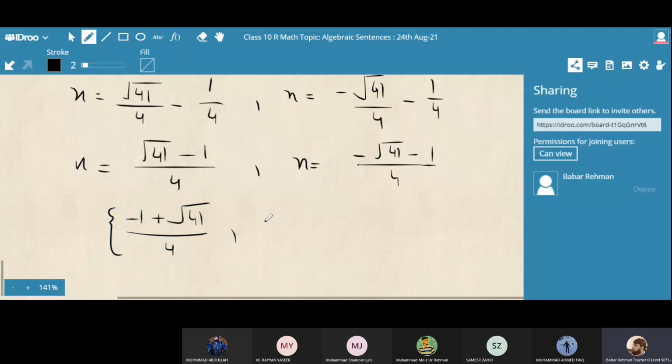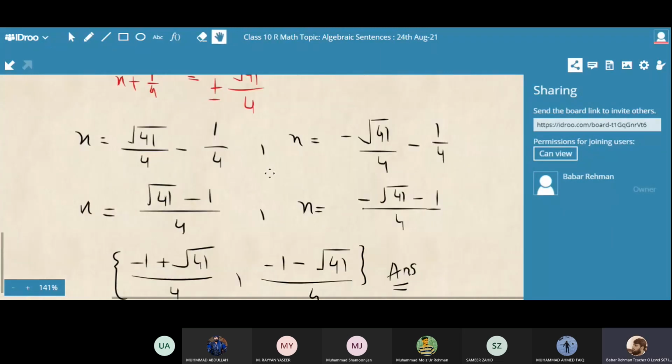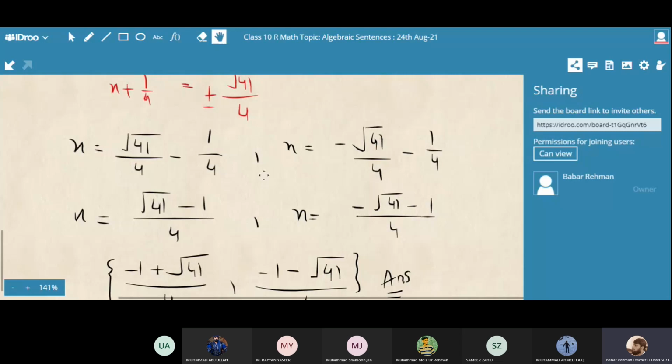Minus 1 minus root 41 upon 4. So this is our answer. Note down. Okay, are you noting down in your copies or have you done?